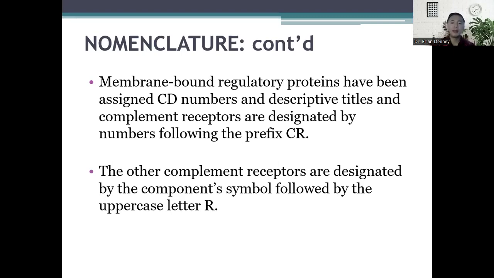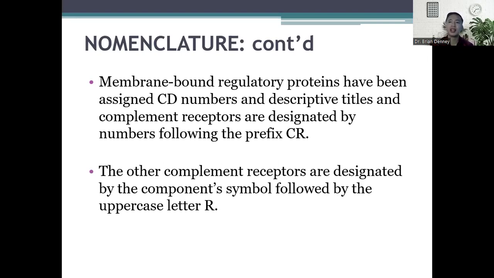The other complement receptors are designated by the complement symbol followed by the uppercase letter R. For example, C2R. The R there would mean that that is a receptor. A receptor is a structure on the cell surface to which your complement proteins bind.